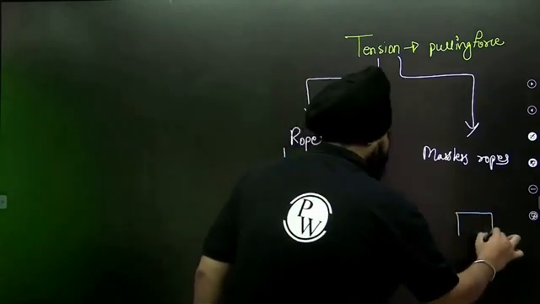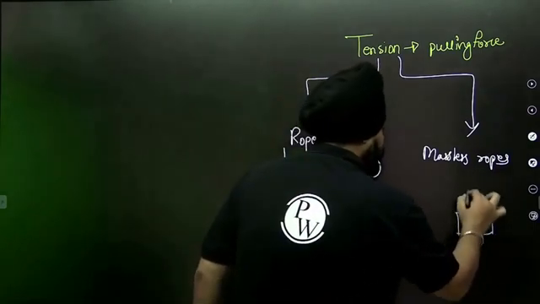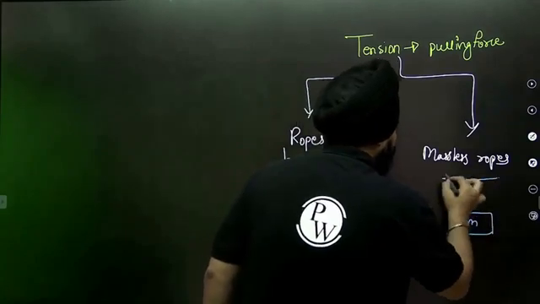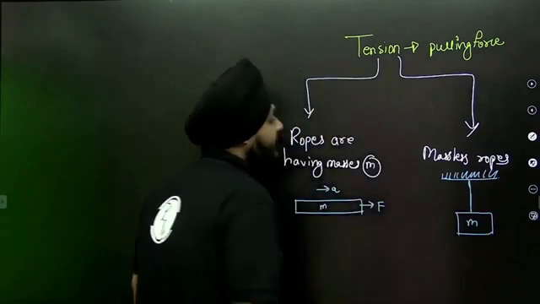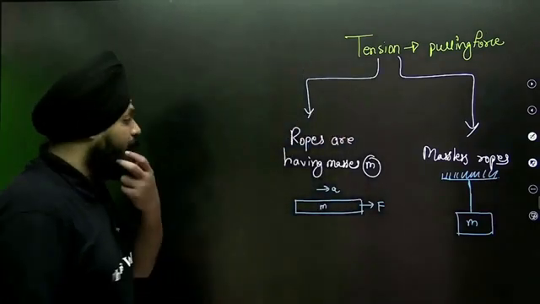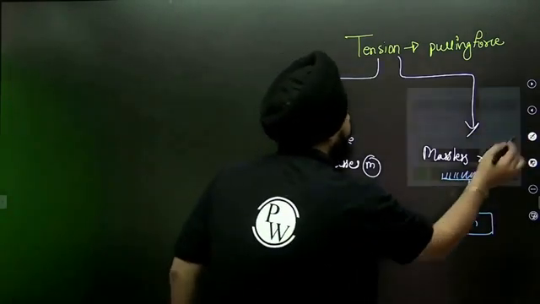Suppose a mass m is attached to a rope or a string and then connected to the ceiling. In both cases, what is the difference?